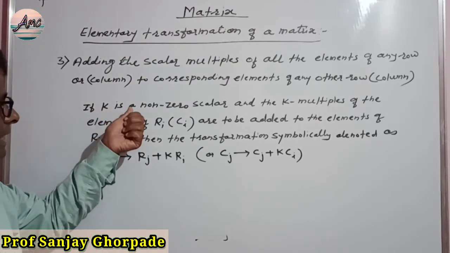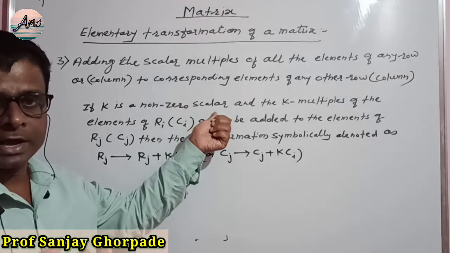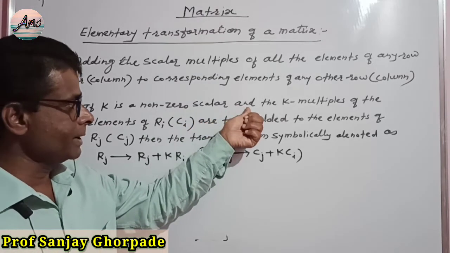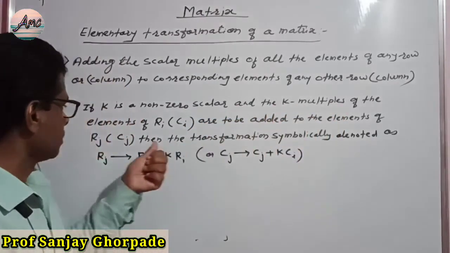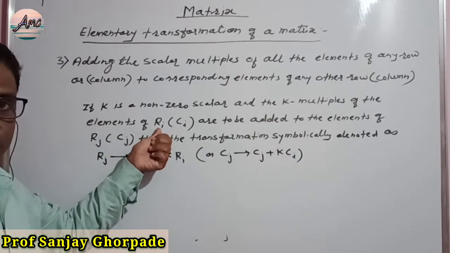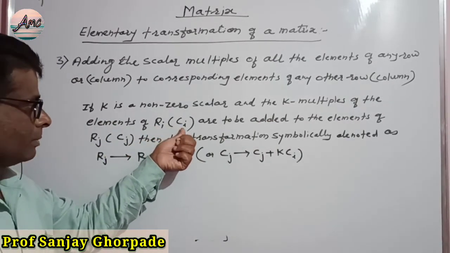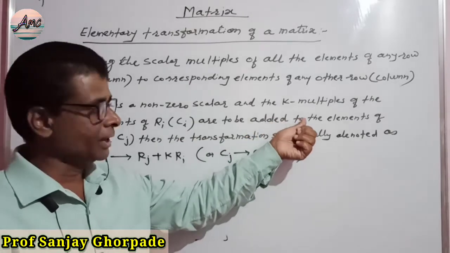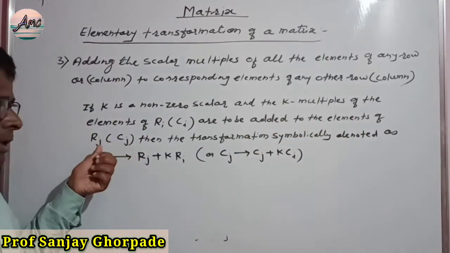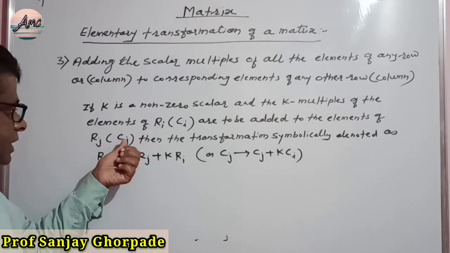Suppose k is a non-zero scalar, k is any constant, and the k multiples of the elements of the ith row or ith column are to be added to the elements of the jth row or jth column.